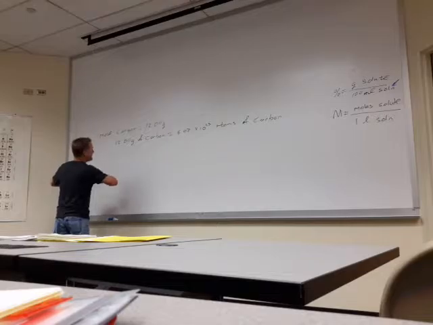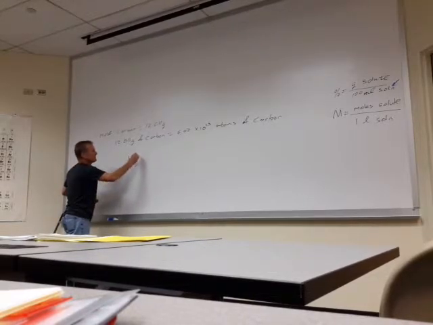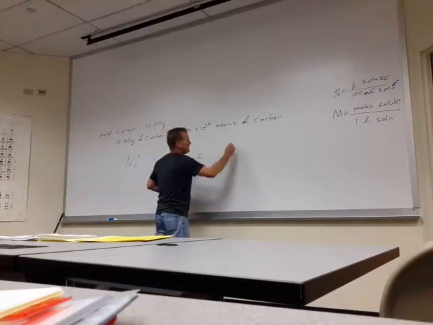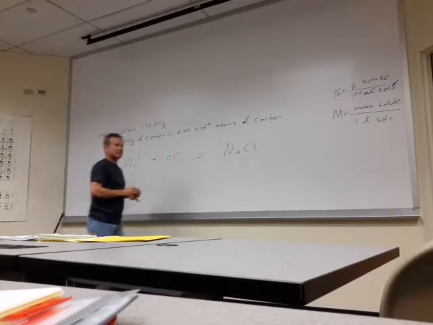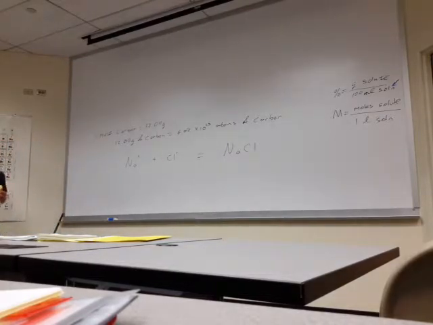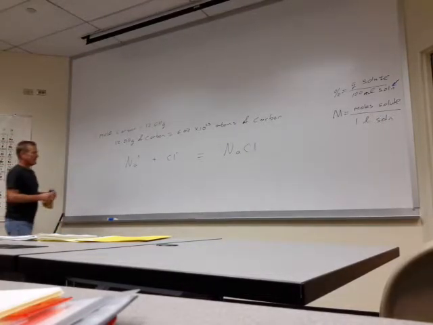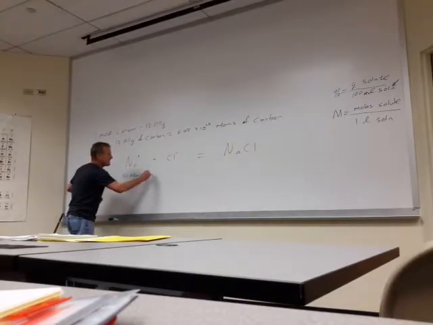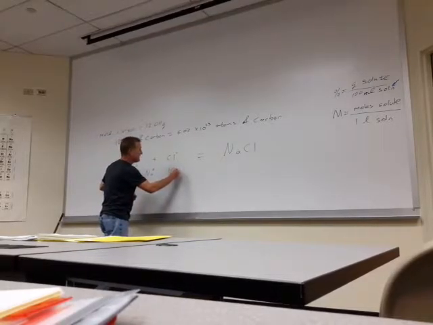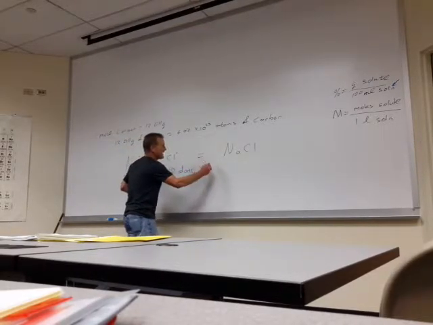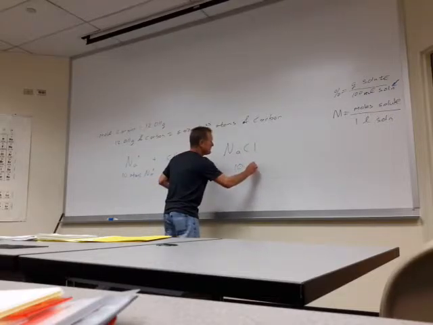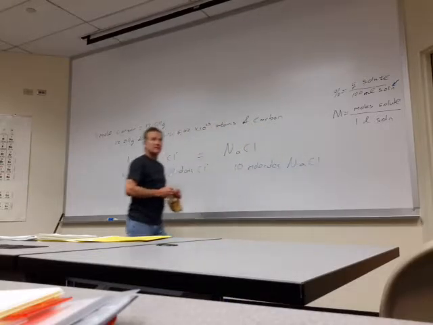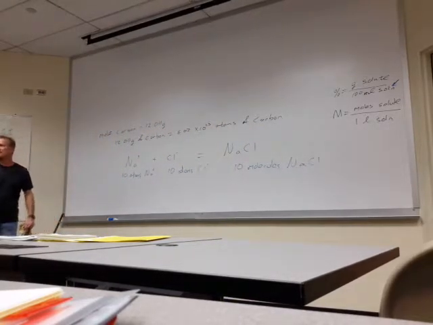If I'm combining two things to make something, I clearly have a one-to-one relationship. So if I took 10 atoms of sodium and combined it with 10 atoms of chloride, I would get 10 molecules of salt. But how am I going to count atoms?